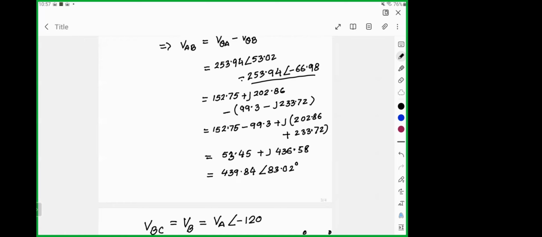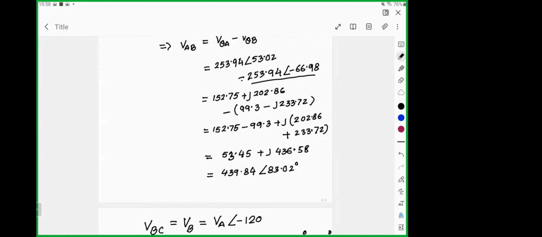So what is the value? You got 253.94 minus 66. That part is fine. Yeah. So then you convert it to rectangular form. What is the value you have got? 99.3? Mine's 99.72. 99.72 is fine.